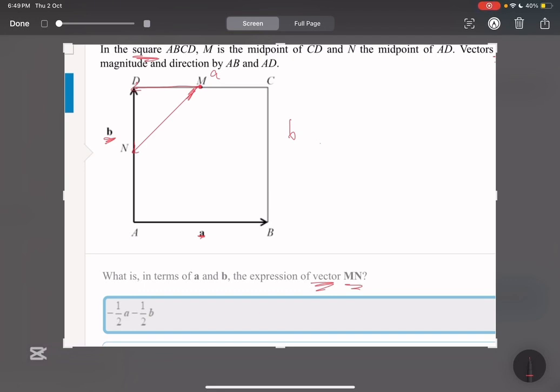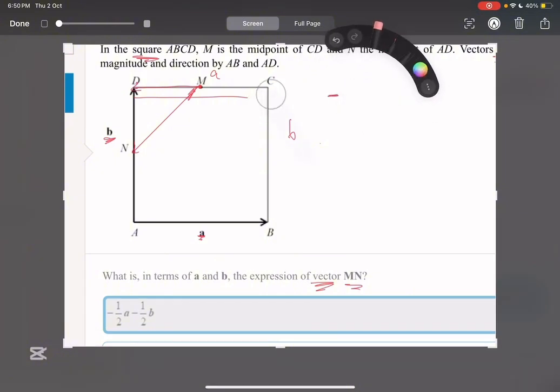Well, let's see. First of all, we said this is A, so this is A. So this D to C is like this, right? Like this is the direction and the length. But M to D is in the opposite direction. So the first thing we're gonna do is put a negative, okay?